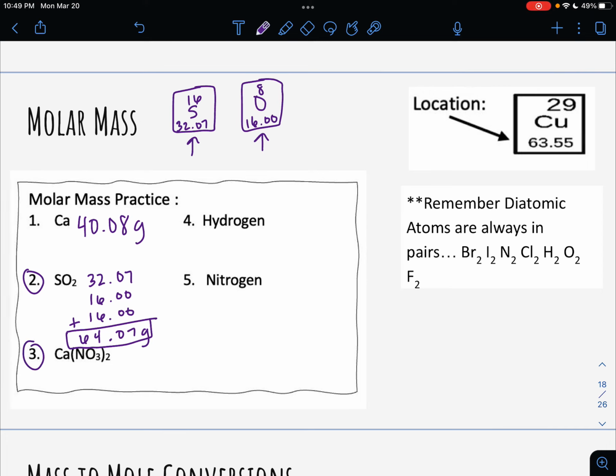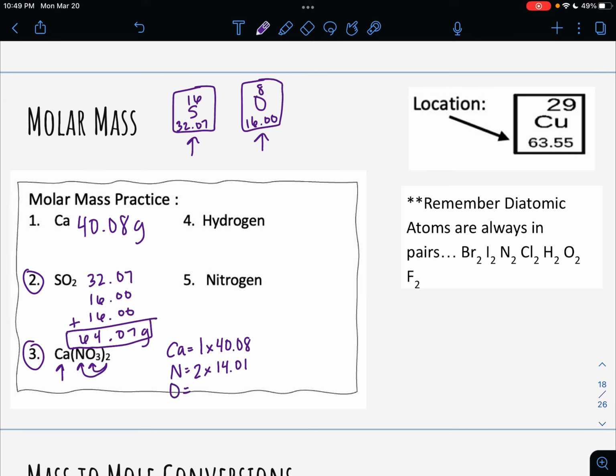Okay, for number 3, we're just going to take the mass of all of these and add them up. Remember, this 2 means that we have 2 nitrogen and 2 of these O3s. Sometimes the way that I'll write it out is I'll say, okay, we have 1 calcium and the mass is 40.08. We have 2 nitrogens. Each nitrogen weighs 14.01.